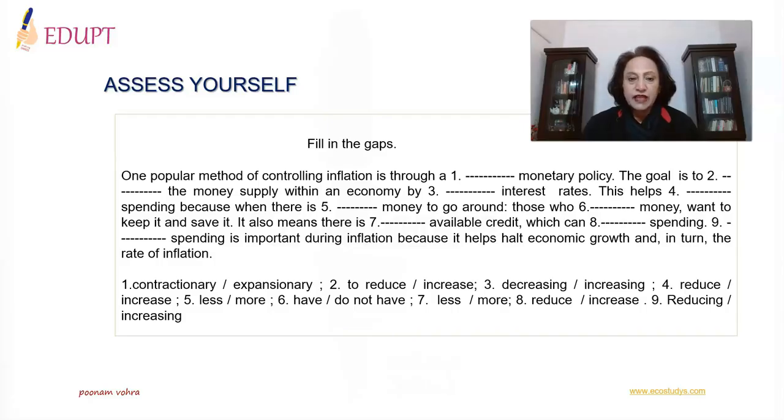This helps dash spending because when there is dash money to go around, those who dash money want to keep it and save it. It also means there is dash available credit, which can dash spending. Dash spending is important during inflation because it helps halt economic growth and in turn the rate of inflation.